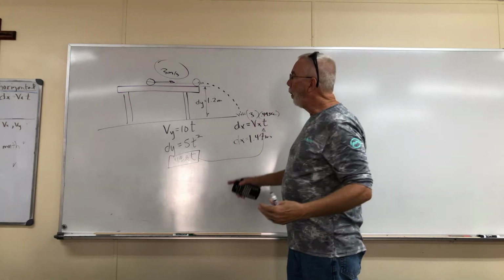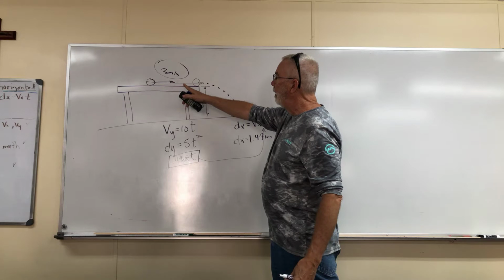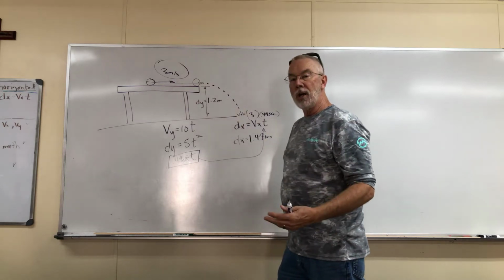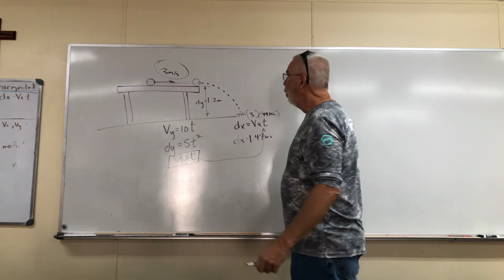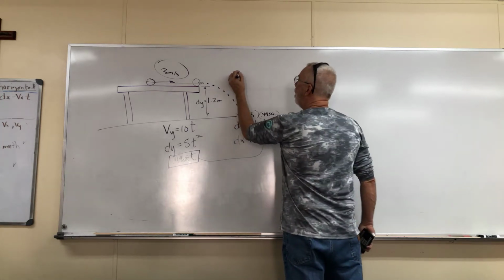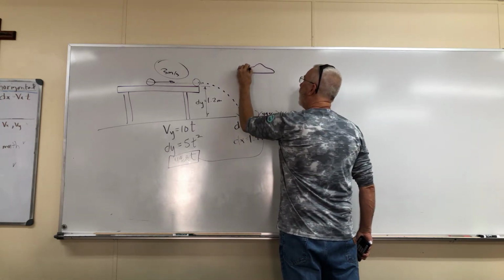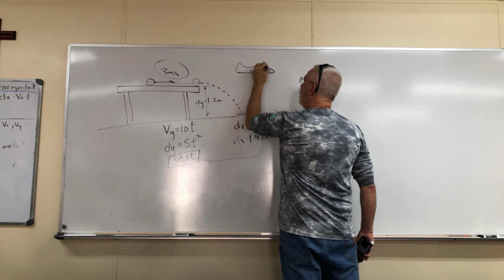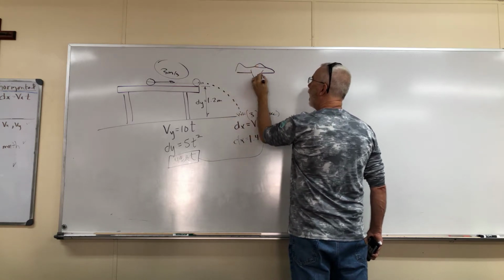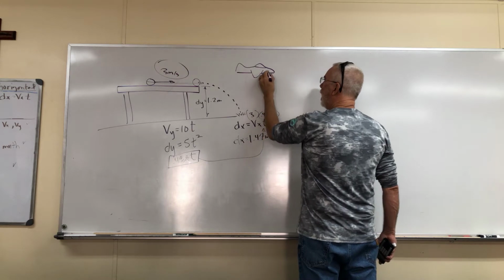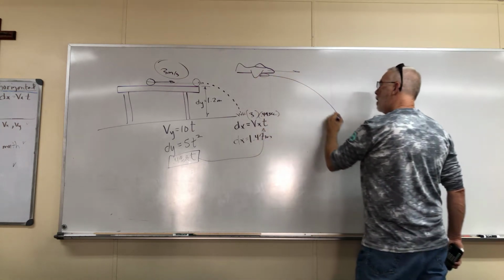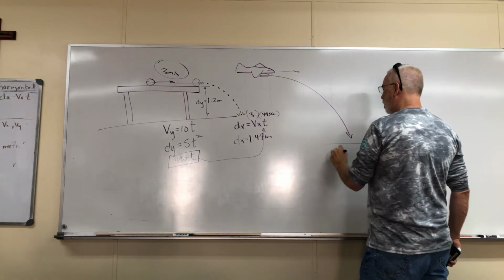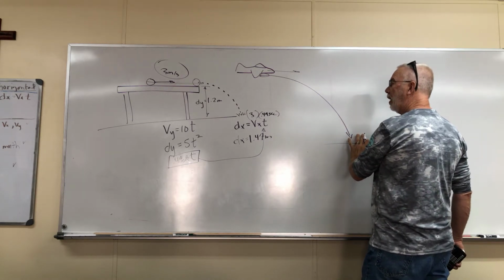So all the problems that show something that's moving initially horizontally and then it begins to fall, we use that problem. Do you remember? I had a picture of an airplane, not a great picture, but a picture that looked like that. It had a bomb attached. And as it was traveling to the right, it released the bomb, and the bomb lands somewhere on the ground over here.